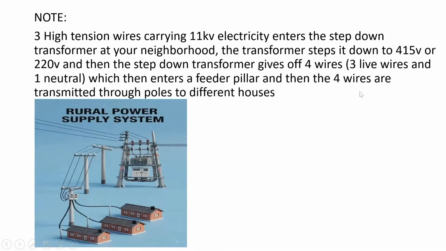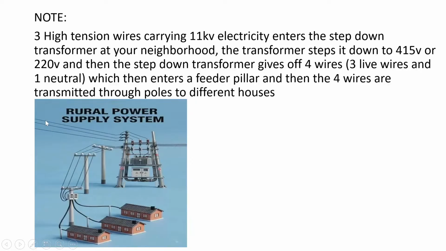And then the 4 wires are transmitted through the poles to different houses, right? So what it means now is this. If you look at this diagram, you can see this rural power supply system. You can see that 3 wires, which are carrying the 11 kilovolts of electricity, are high tension wires, right?